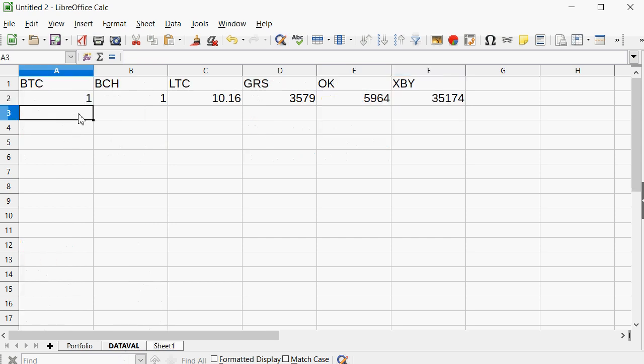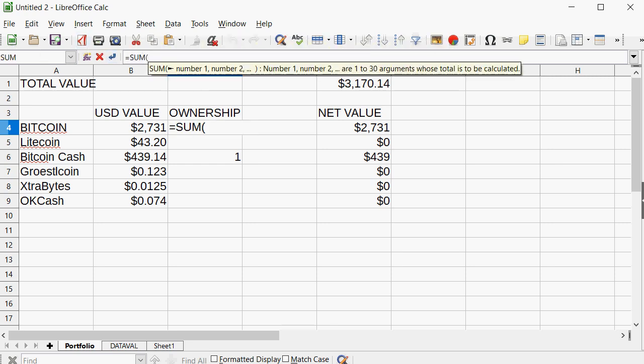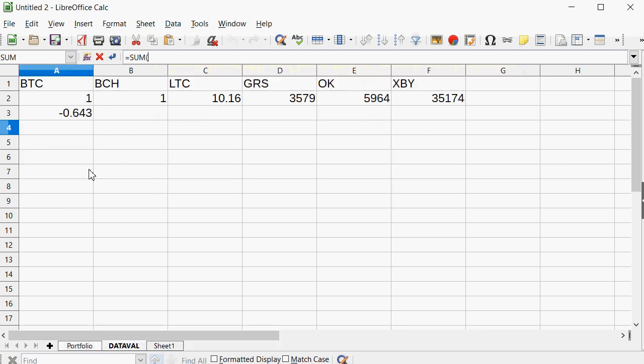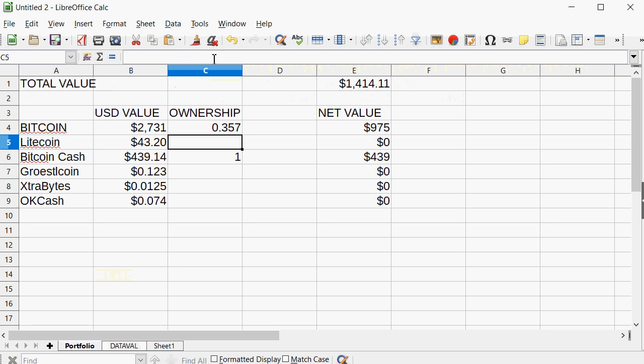So now every time, I'm going to go negative 643 here. Now if I go to portfolio, the ownership is 1. Well, what I'm going to do instead is go equals sum, and just write a couple of numbers like that. There we have it.